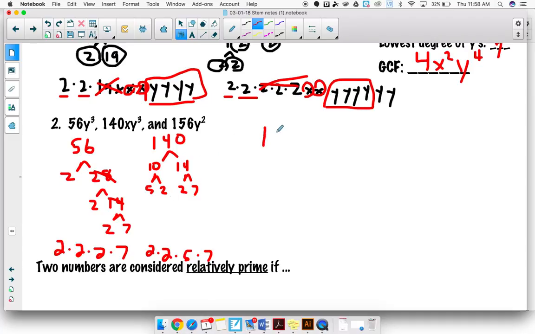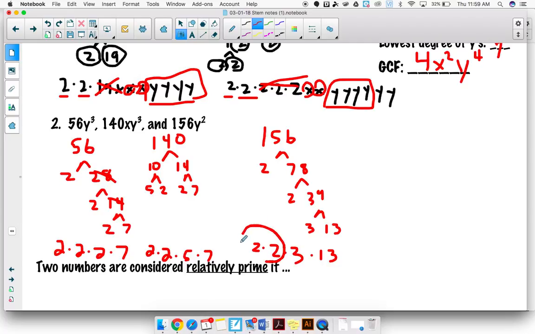Okay, and then for 156, we should be able to do 2 and 78, and then 2 and 39, and then 3 and 13. So our prime numbers would be a 2, a 2, a 3, and a 13.